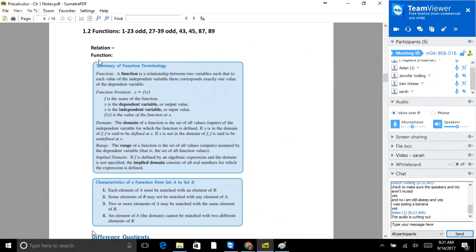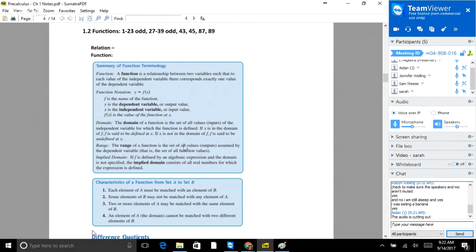It's just pairs of quantities. So that's kind of the overall broad term. And then a subset of that is a function. So a function is, well, you can read it right here. A function is a relationship between two variables such that each value of the independent variable corresponds to exactly one value of the dependent variable.